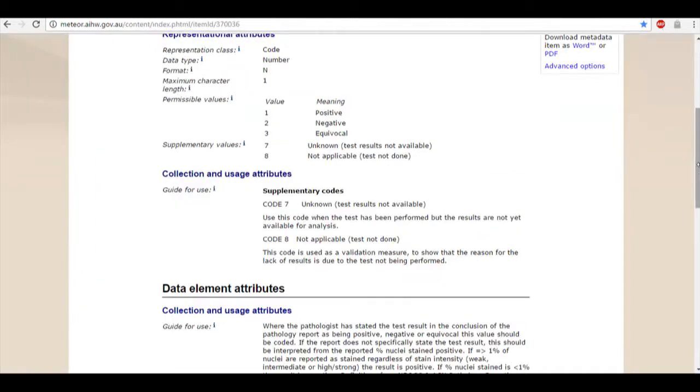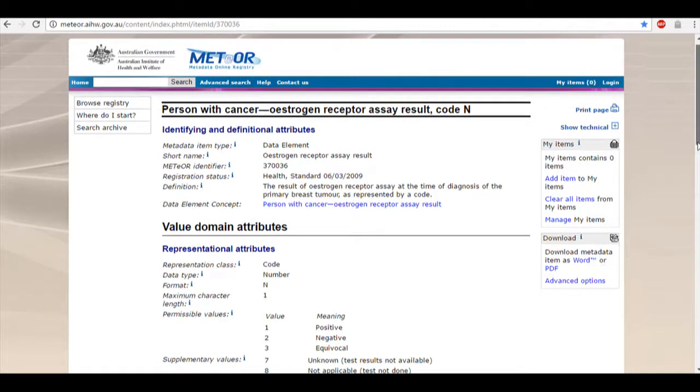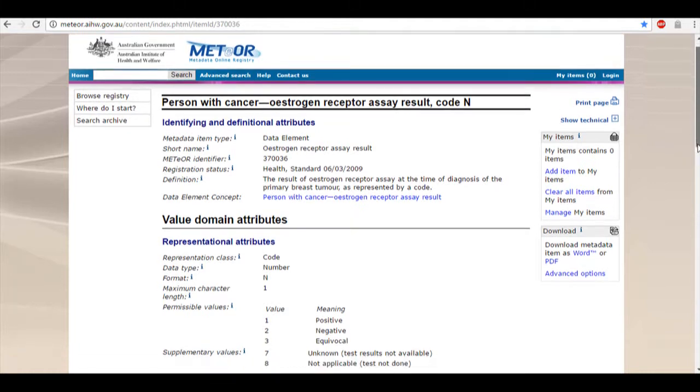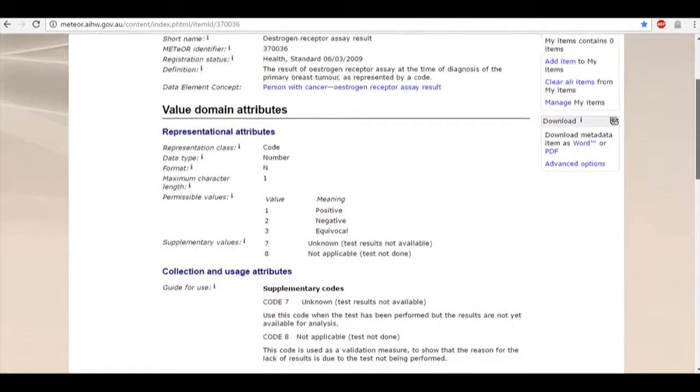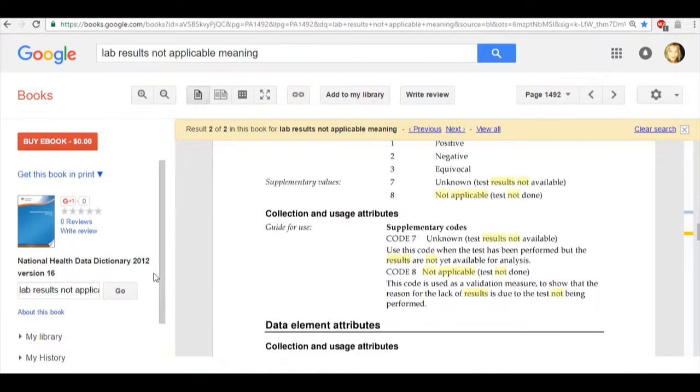And then I also found the same meaning, because I kept on digging to make sure what not applicable means, and I found it also on this Australian government document, Institute of Health and Welfare, and it's also on this book, National Health Data Dictionary.